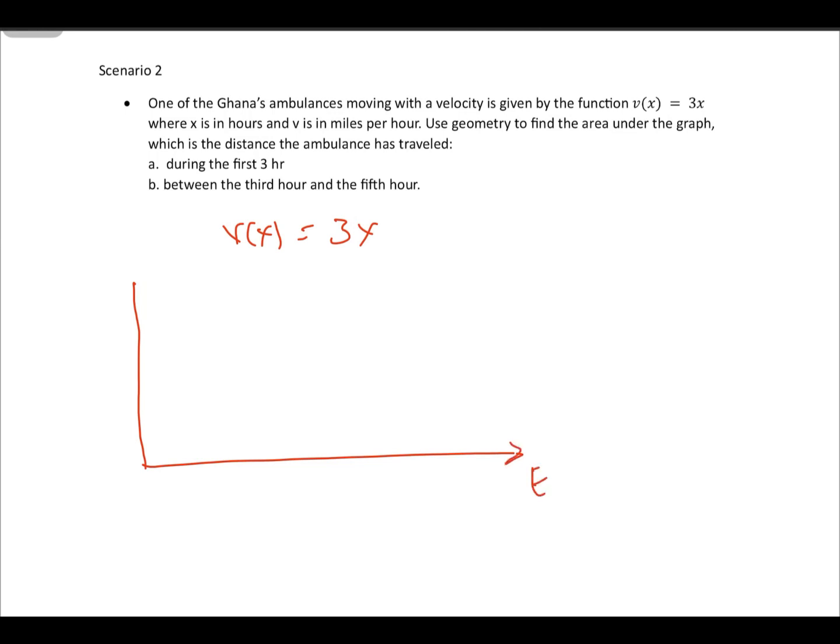So this is our t and this is our v. We can label our x-axis from 0: 1, 2, 3, 4, 5.